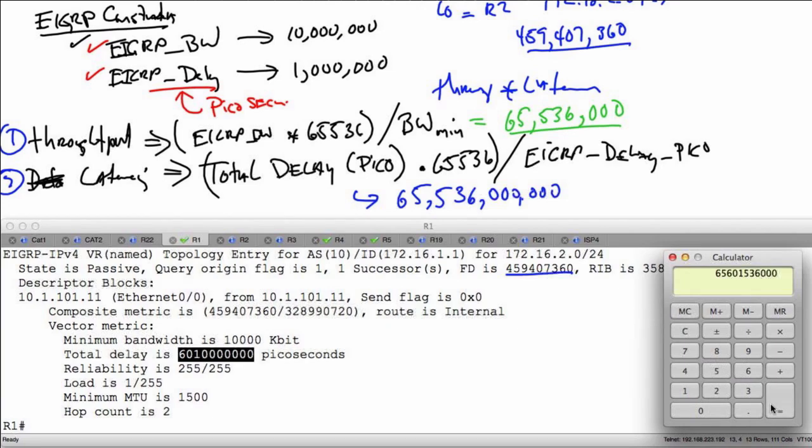My math is all hosed up. That number should have added up to my feasible distance, which it did not. So what I need to do is find out what I did wrong.